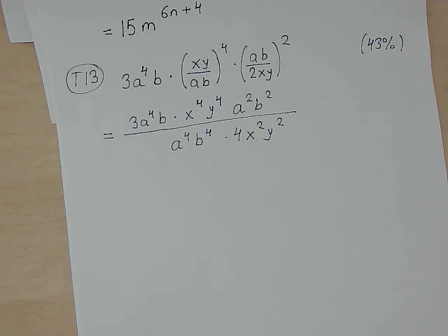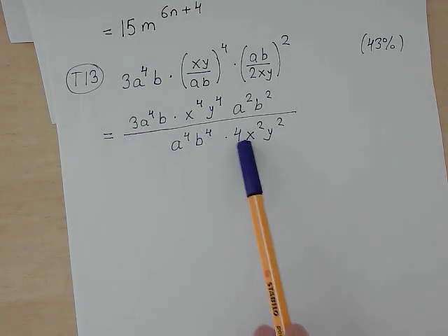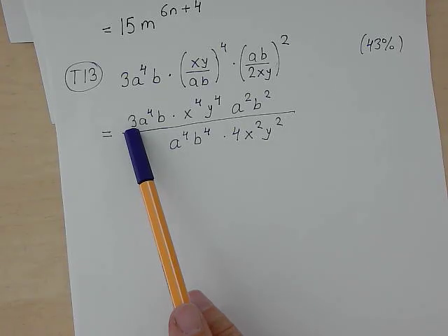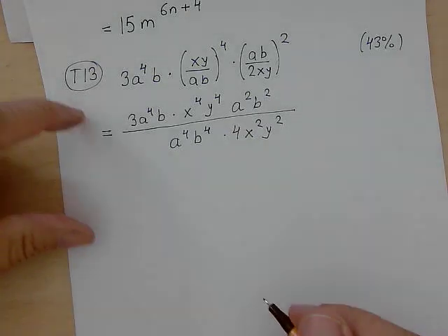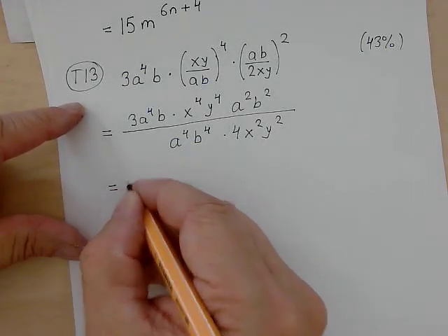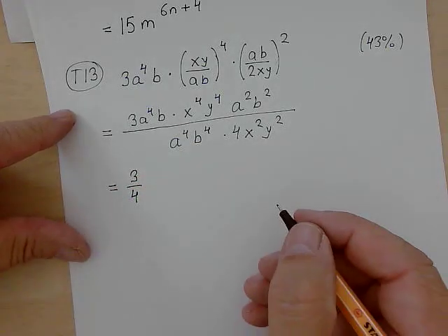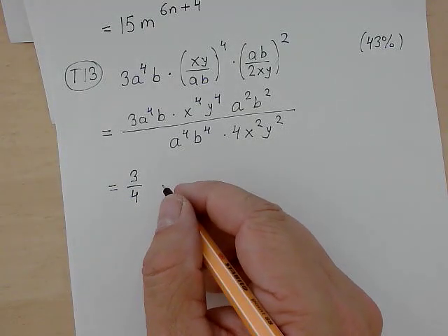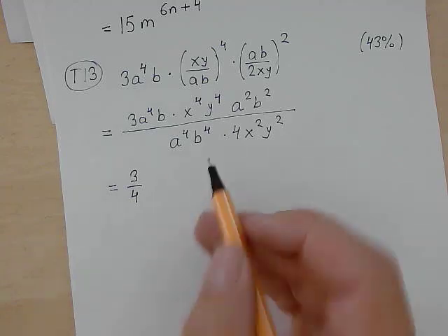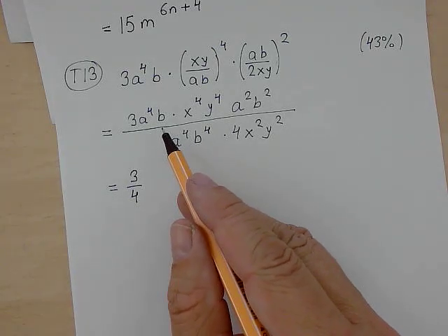And then we will have again an expression where we have letters and numbers, and it's useful to take these numbers first. There are 3 on the top part and 4 on the bottom part, so it will be 3 divided by 4. And I like to solve this kind of simplifying so that I see what letters there will be.